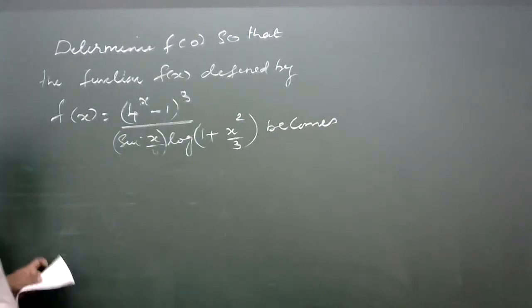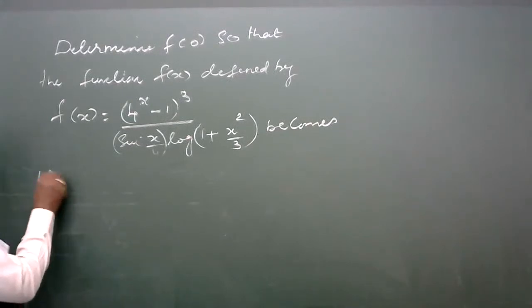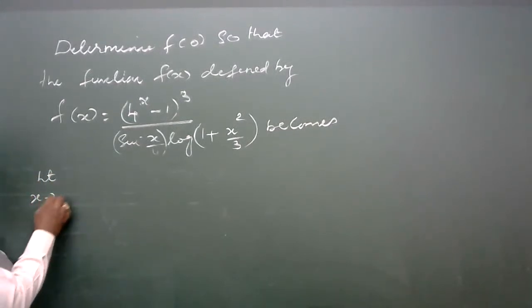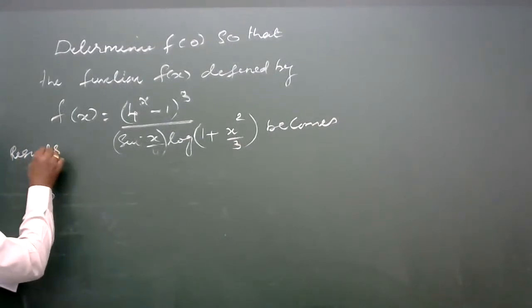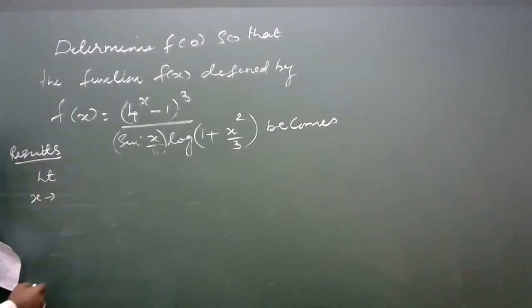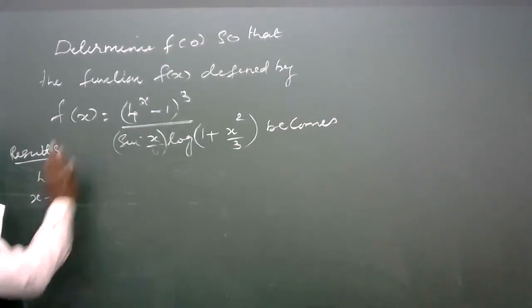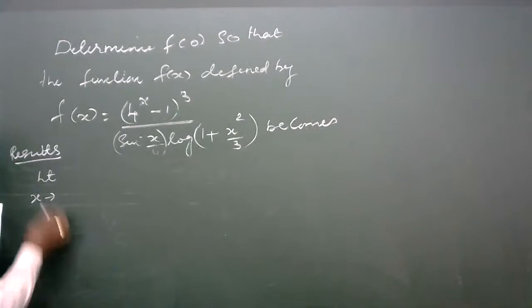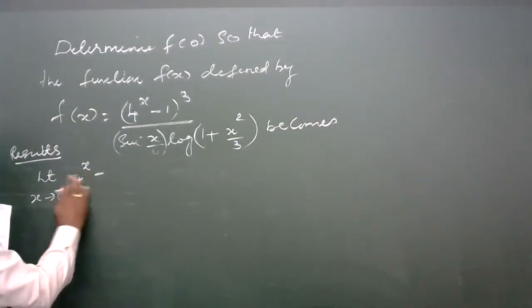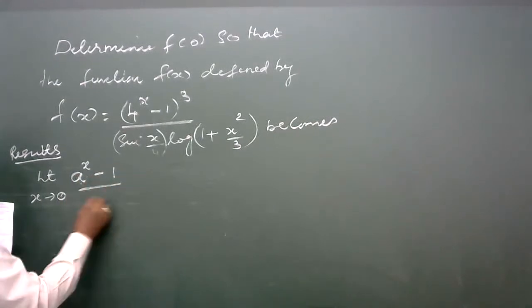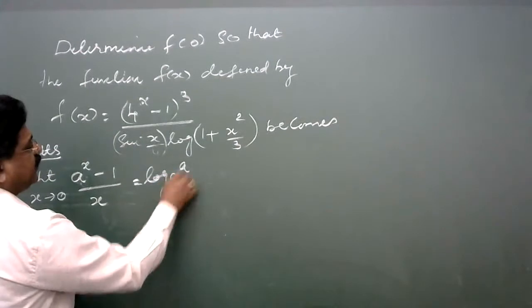Before going to this problem, we have to recall some more points. Some results on limits. This is also very important. Without knowing this, we can't do anything, simply you can write the question. Limit x tends to 0, a to the power x minus 1 upon x is equal to log of a to the base e.